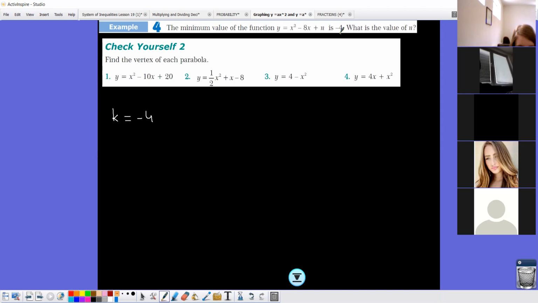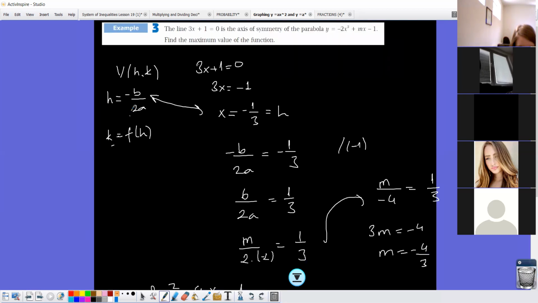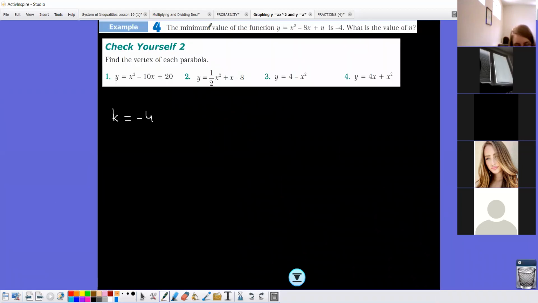K is given, yes? What I said here, this is h, this is k, and k gives us the minimum or the maximum value of the function, yes? Here it says the minimum value is minus 4, so k is equal to minus 4. Can I find h here?